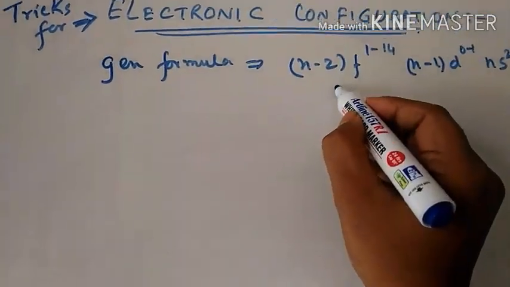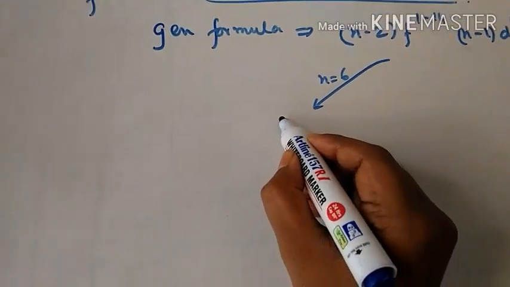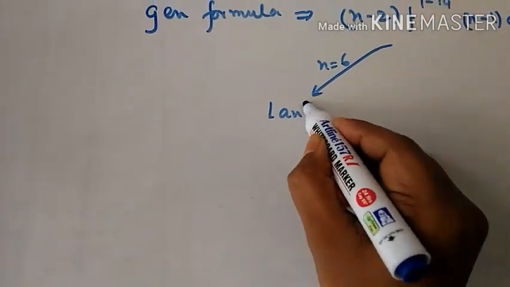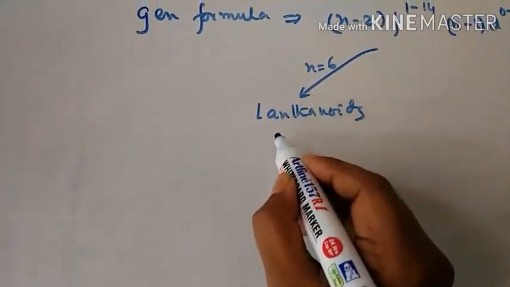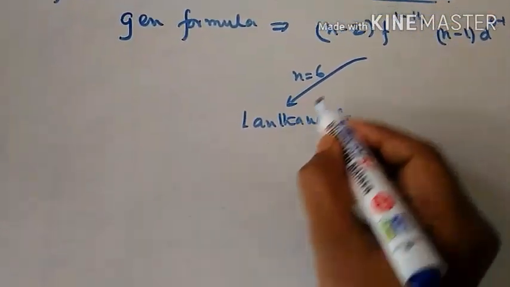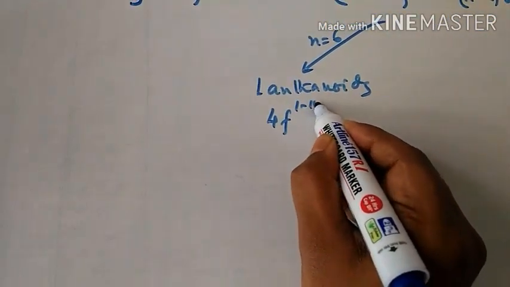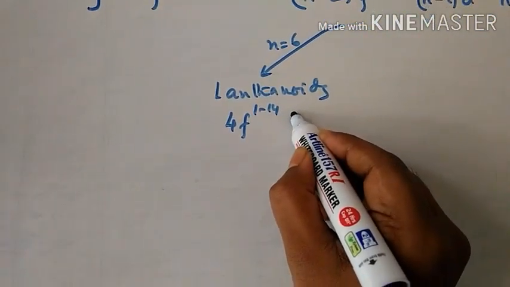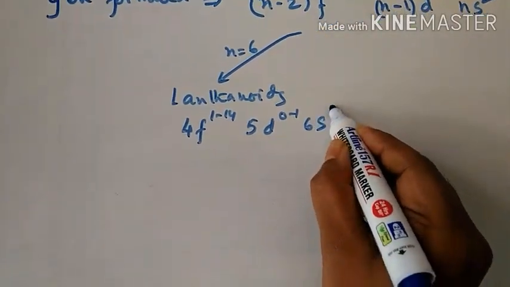Now here if we put n equals to 6, then we'll get the lanthanoids, that is its formula should be, you can see 4f1 to 14, 5d 0 to 1 and 6s2.